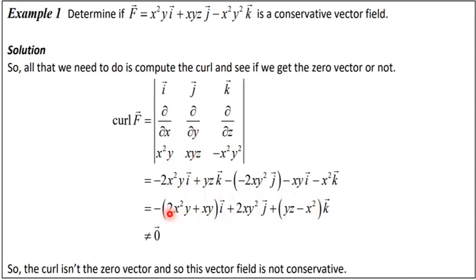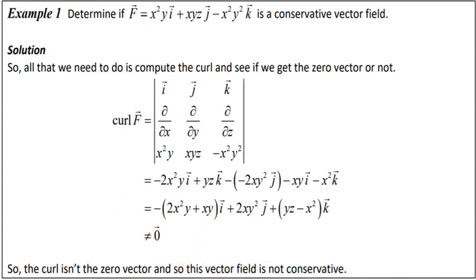Now we solve it, calculating the values of i, k and j. We see that these values are not equal to 0. That's why this field is known as a non-conservative field.